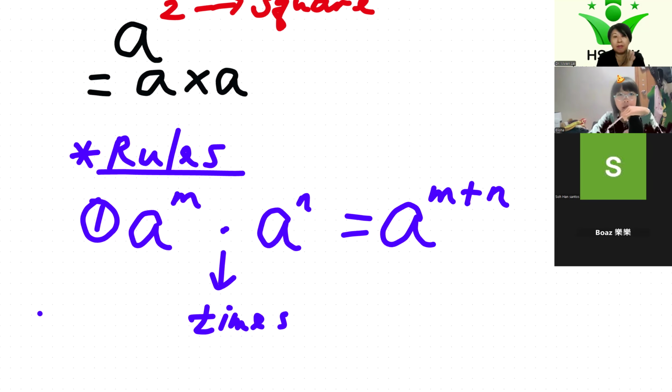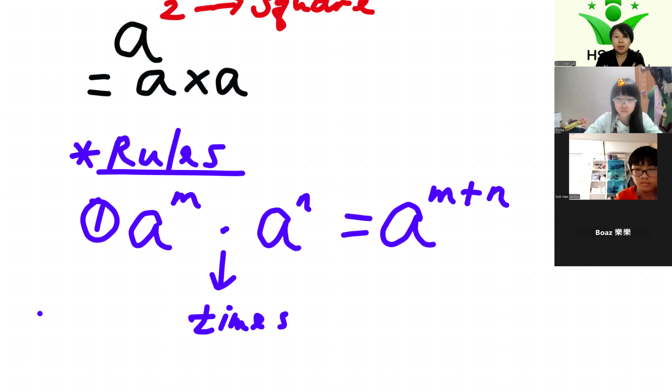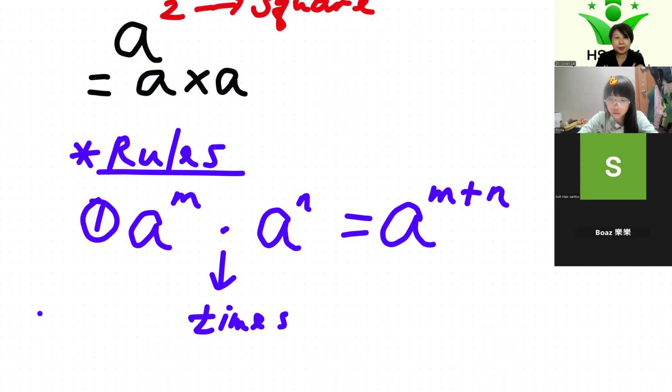If it's times, the same base, times means add. Copy down the rules. Good job.